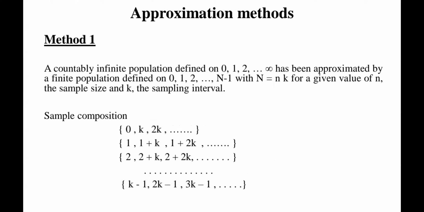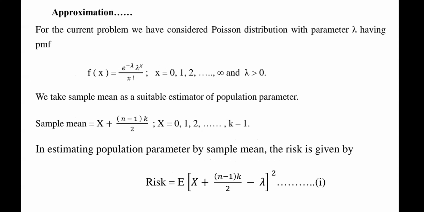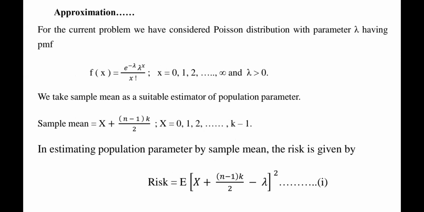Our population follows a Poisson distribution, which has the PMF e to the power minus lambda, lambda to the power x by factorial x, is countably infinite, and lambda, the parameter of the underlying population, is greater than 0. And we all know this lambda is the population mean as well for the Poisson distribution.